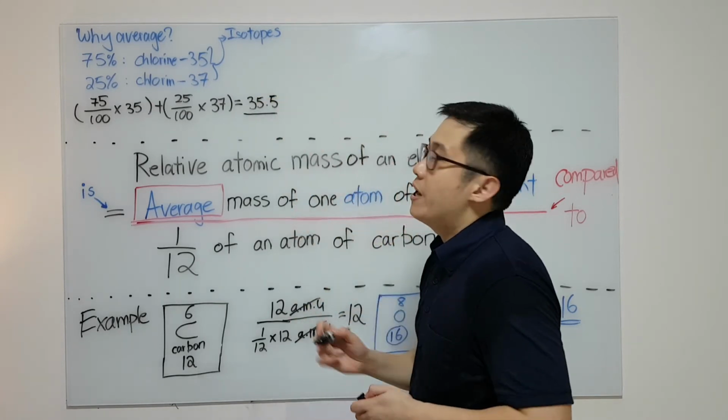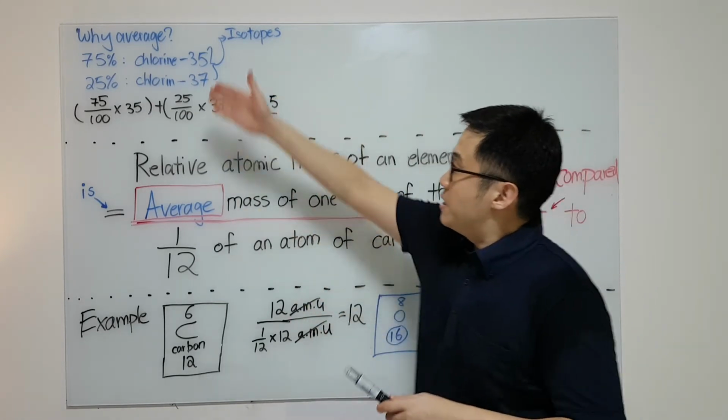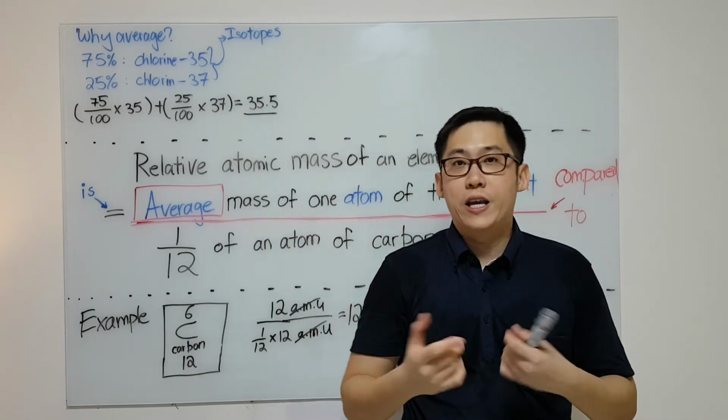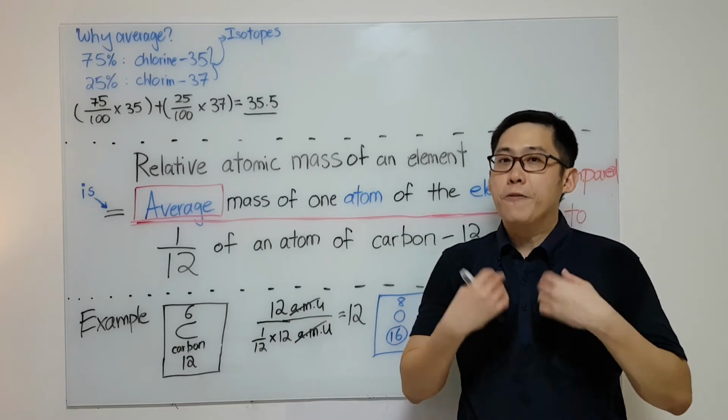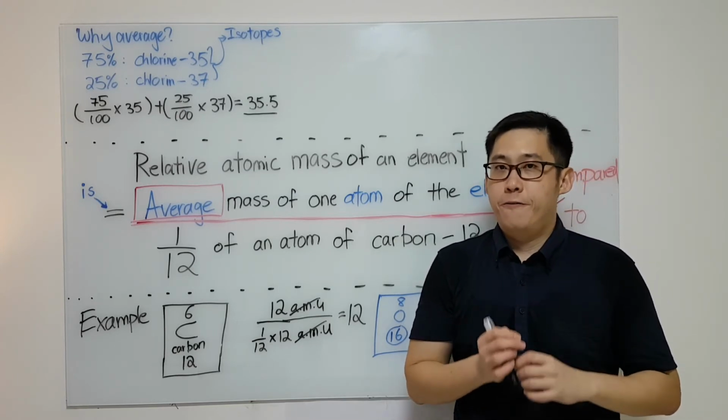This value explains why, if you look at your periodic table, chlorine has a relative atomic mass of 35.5.